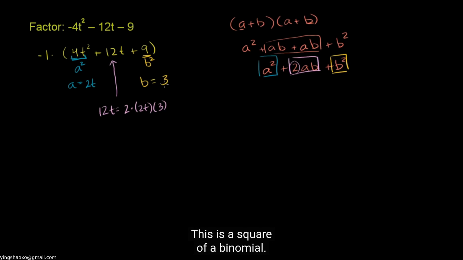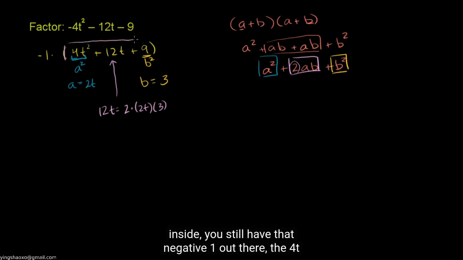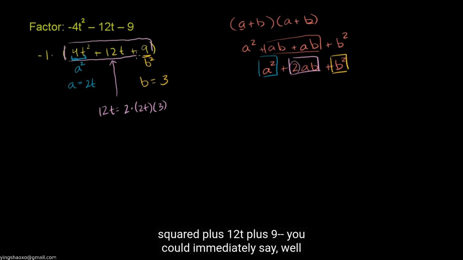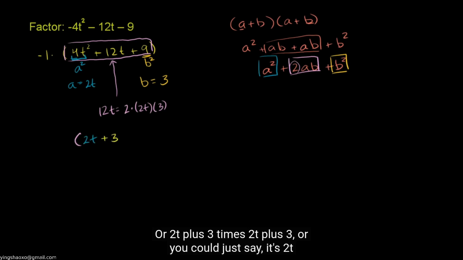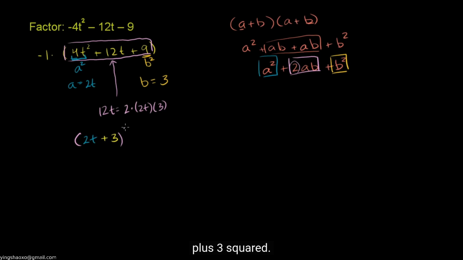You could view this as a square of a binomial. So if you wanted to factor this, the stuff on the inside, you still have that negative 1 out there, the 4t squared plus 12t plus 9, you could immediately say, well, that's going to be a plus b times a plus b, or 2t plus 3 times 2t plus 3, or you could just say it's 2t plus 3 squared.